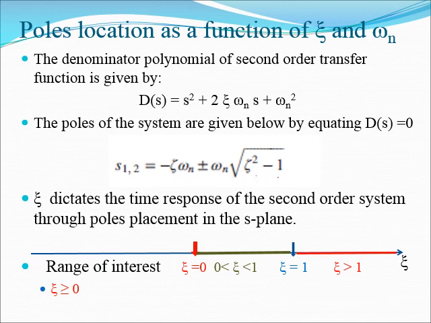We only have our required range, which is zeta greater than 0. That is the range of interest. Then we have other milestones here: zeta equal to 0, between 0 and 1, equal to 1, and greater than 1. We'll see why we are dividing this into these 4 segments.